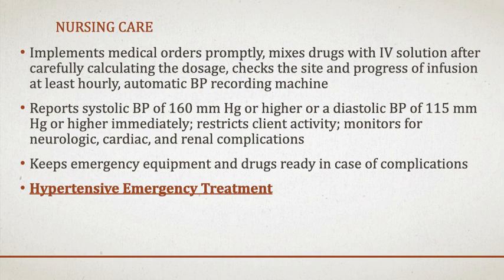Restrict the client's activity during that time as well. Monitor for any neurological, cardiac, or renal complications that can occur while the client is experiencing the malignant hypertension. Always keep emergency equipment and emergency drugs readily available in case of complications.